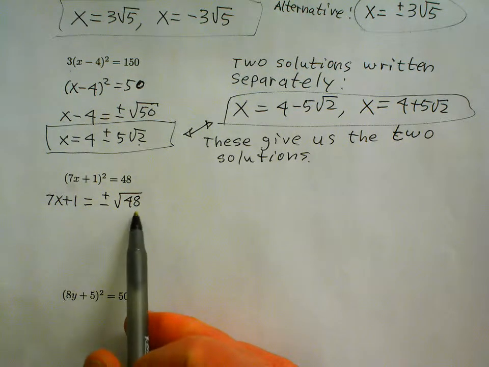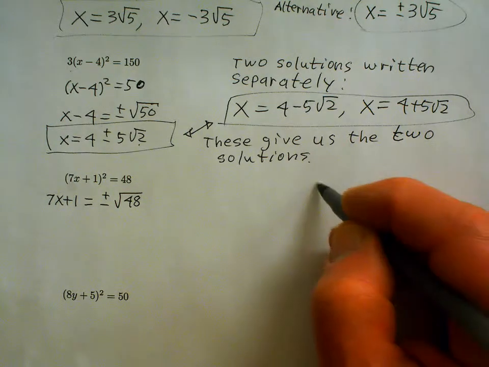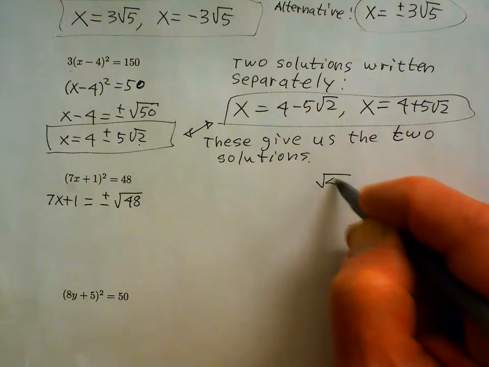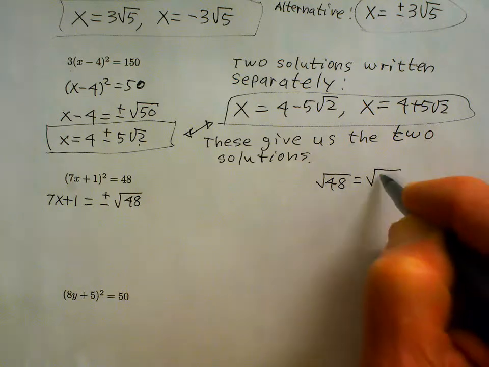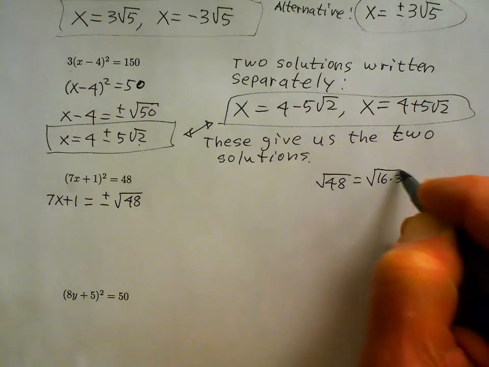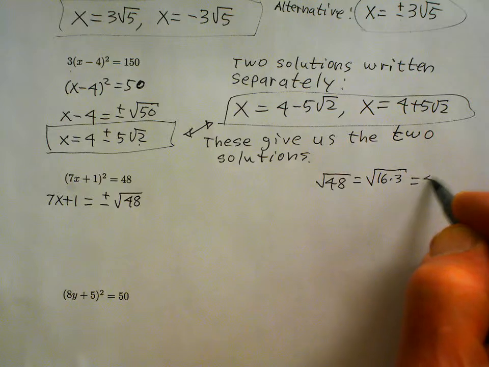The square root of 48 can be simplified. So over here, why don't we simplify the square root of 48? 48 is 16 times 3, and the square root of 16 is 4, so we get 4 times the square root of 3.